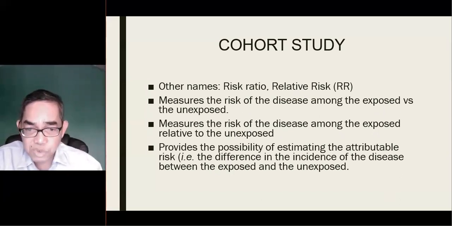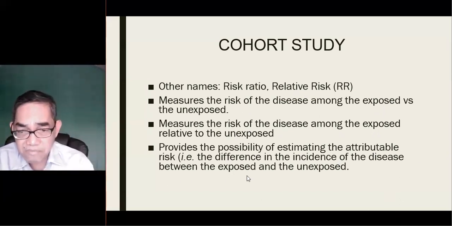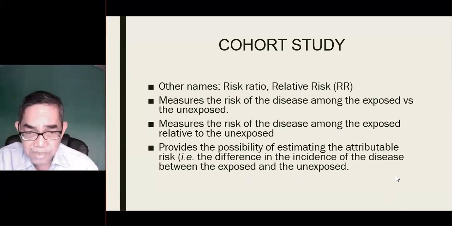So what is that? Attributable risk is the difference in the incidence of the disease between the exposed and the unexposed. So just the difference between the incidence of the disease in the exposed and in the unexposed. We call it the attributable risk.